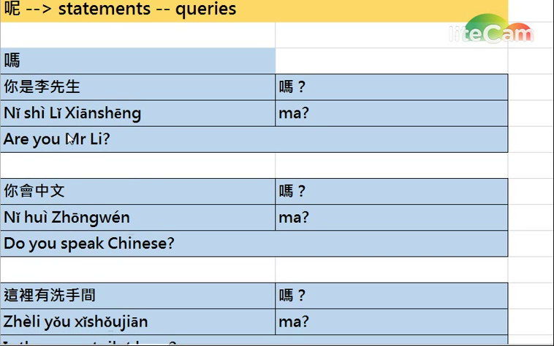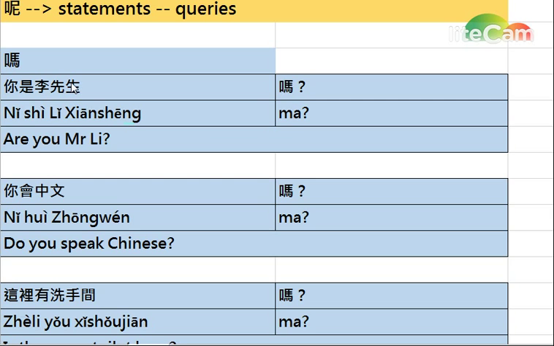For the particle ma, as mentioned above, ma is a question particle that is used to turn statements into yes-no questions. And what exactly does that mean? A yes-no question is also known as a binary question or a polar question.